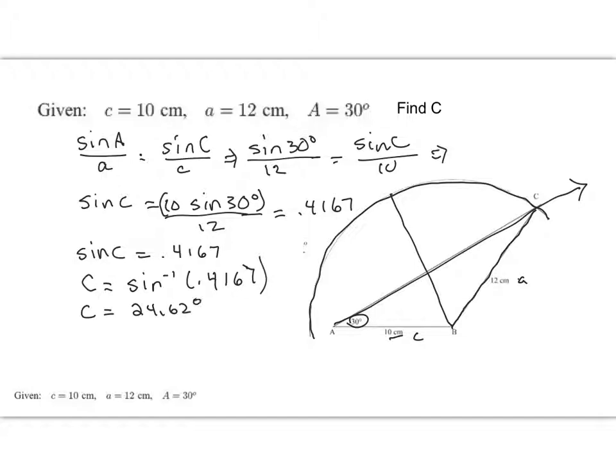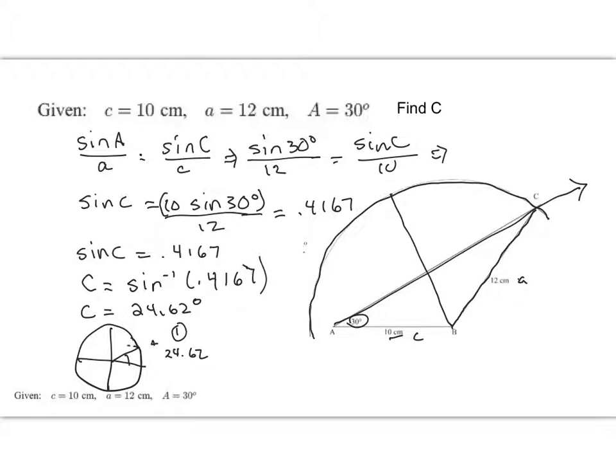Okay, so C is equal to 24.62 degrees. Okay, drawing that on my unit circle, I'm going to draw an angle of 24.62 degrees. You remember that sine is the y value here, positive in quadrant 1.